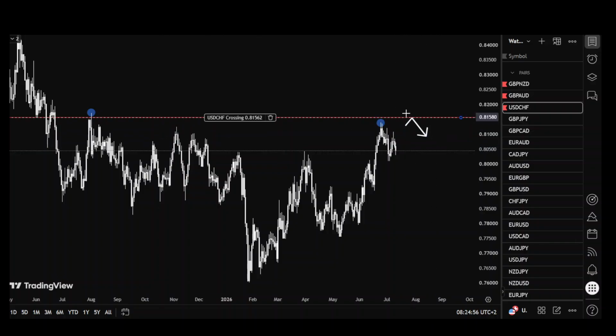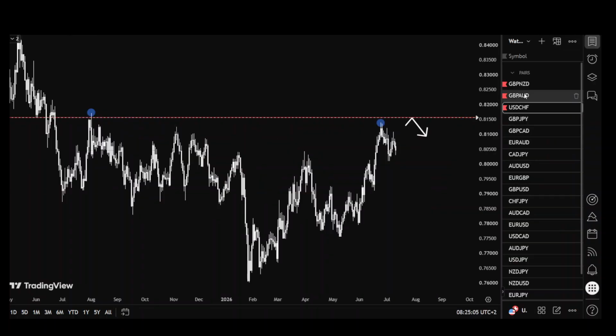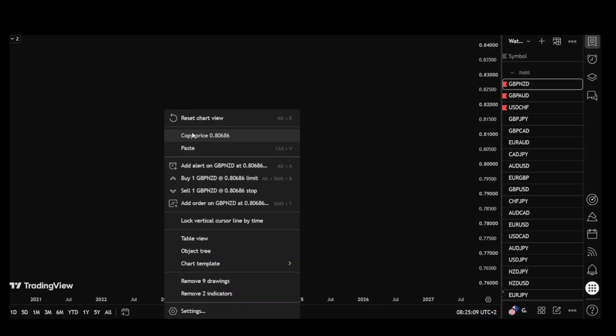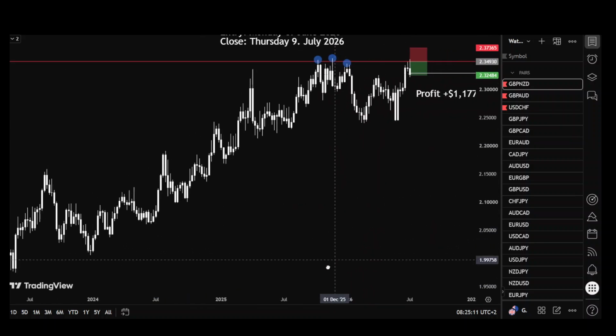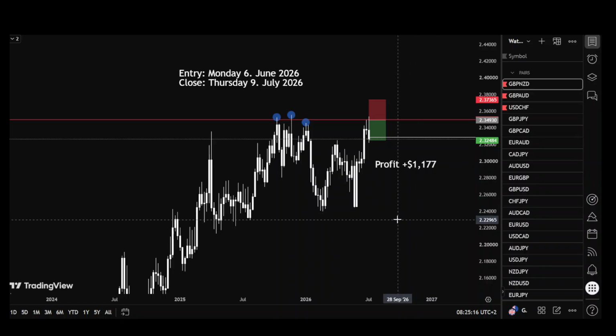When it comes up here, take a sell position here. So yeah, I'm stoked. I had a good profit again on GBP NZD this week. And hopefully GBP AUD will soon set up.